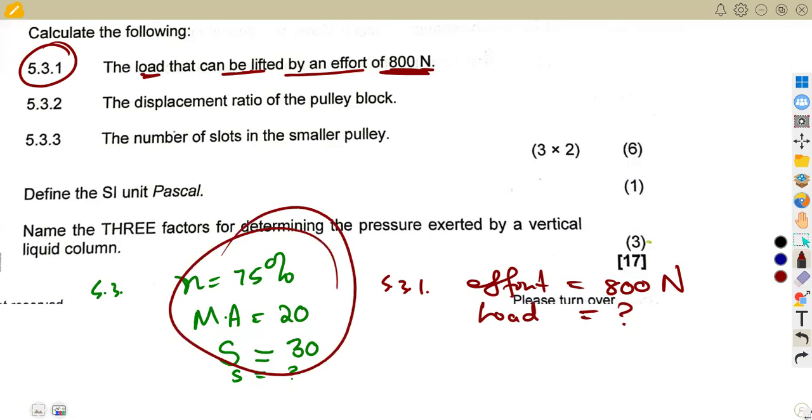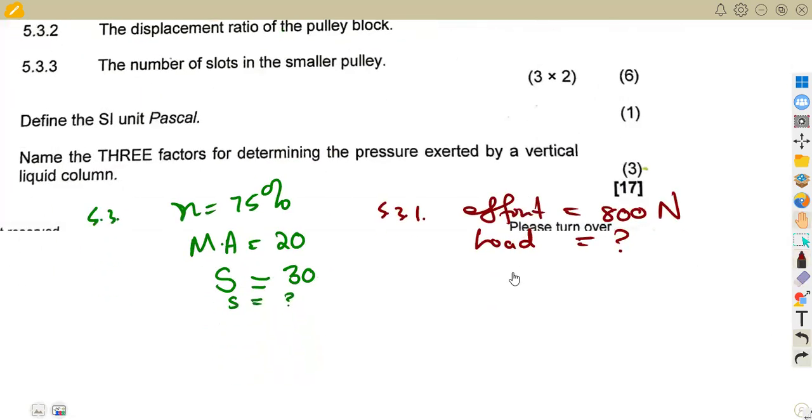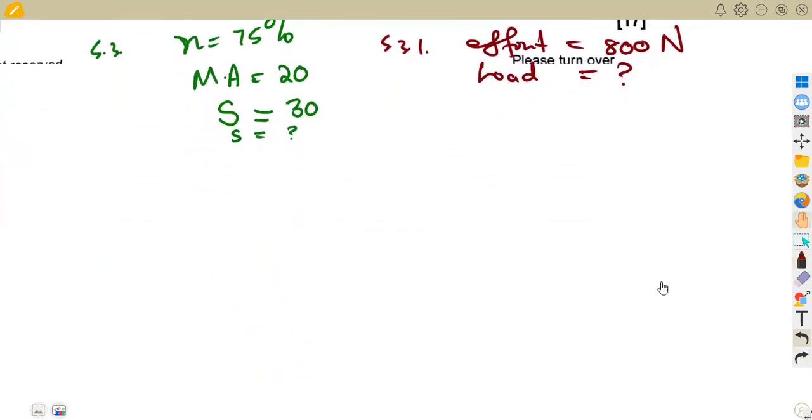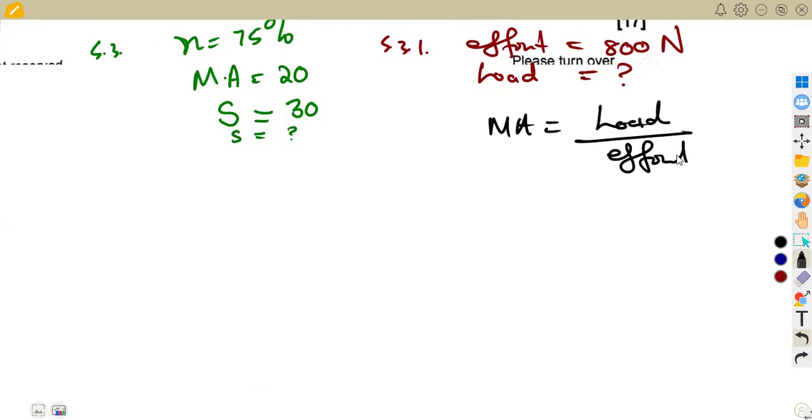From this information, how can we calculate the load? Remember, from the mechanical advantage, we can use this formula because we know that the mechanical advantage is equal to the load over the effort. That's the load over the effort. And we have our mechanical advantage, which is 20 in this case. So 20 is equal to the load, which is the one that we are supposed to calculate in this case.